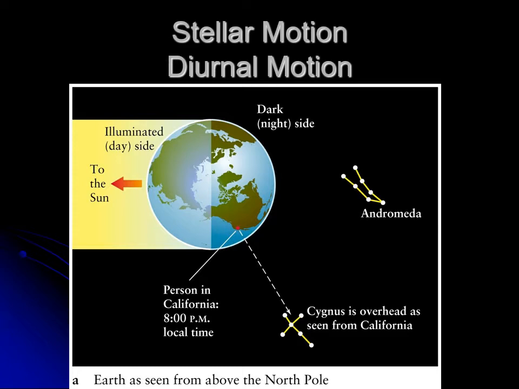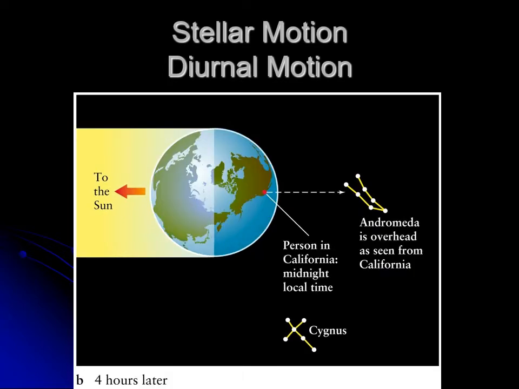You go out at night and look up and you see certain constellations high overhead, but a few hours later you see different constellations overhead. So it looks to you as if this constellation that was low in the sky had moved to overhead. That motion, due to the rotation of the Earth, it's not the stars that are moving, it's Earth rotating, we call diurnal motion.